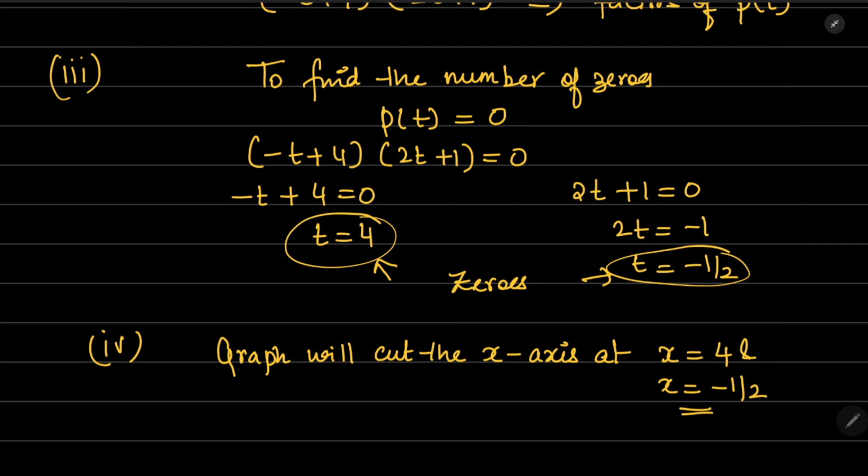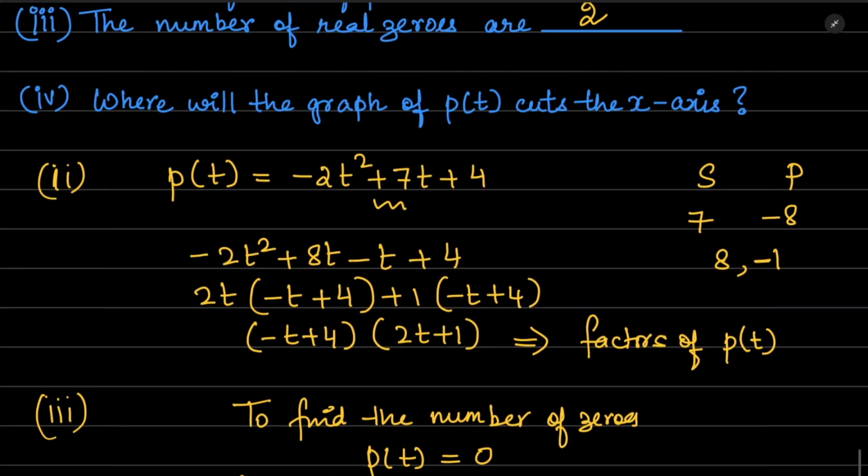These are the only 2 points which are the zeros of the polynomial. Hence, your y is going to be 0, at x equal to 4 and x equal to minus 1 by 2. So at these 2 points, your graph will cut the x-axis.